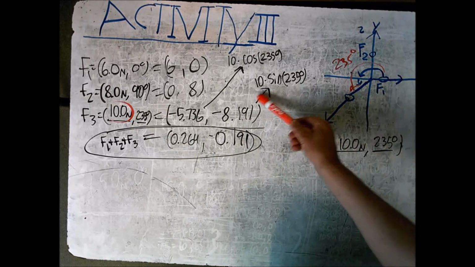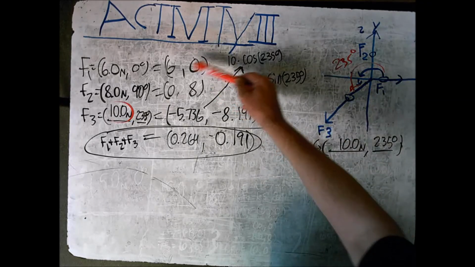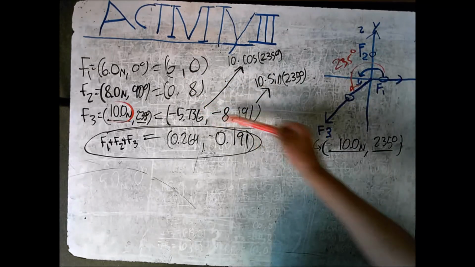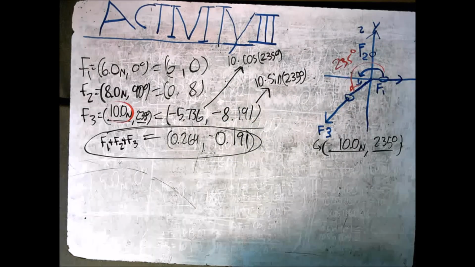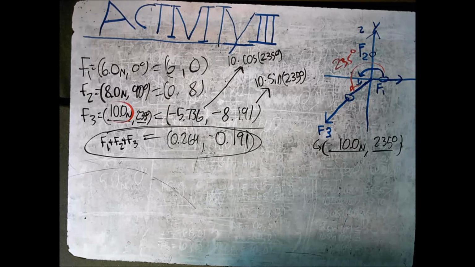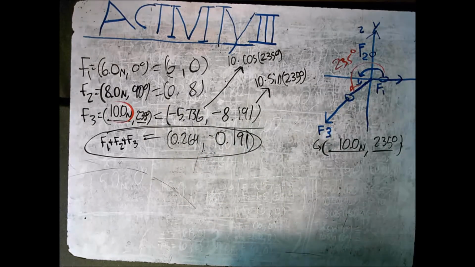And then here you have 10 times the sine of 235. Well, you have 0 plus 8 plus negative 8. You'll get 0. I mean, actually, to the tolerance of our measuring, the uncertainty of our measurement, this is pretty much indistinguishable from 0.